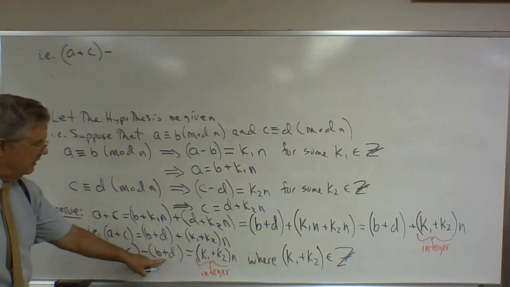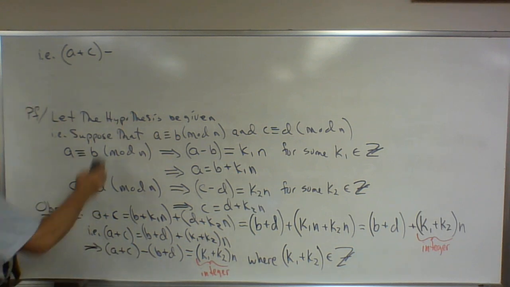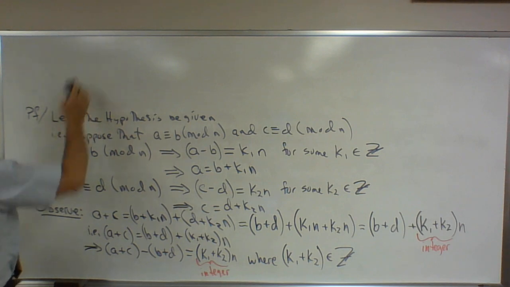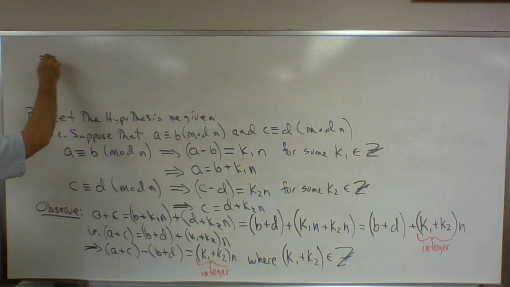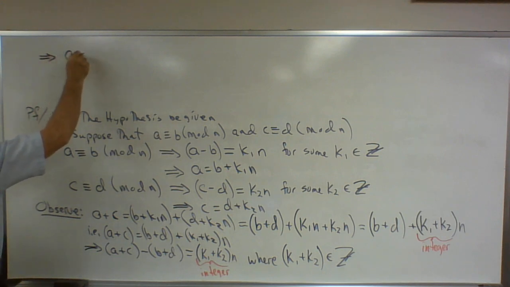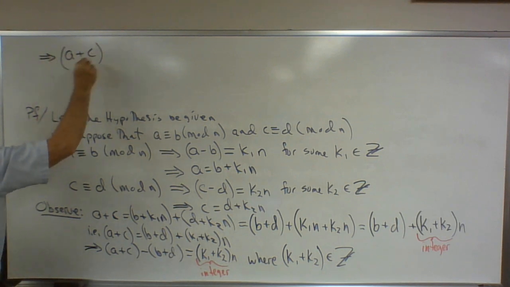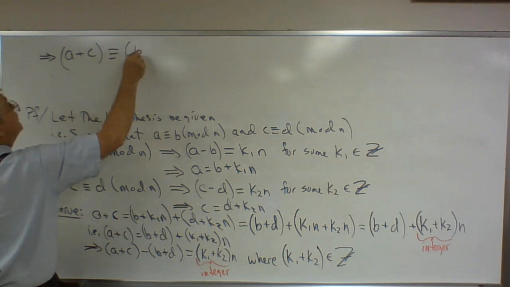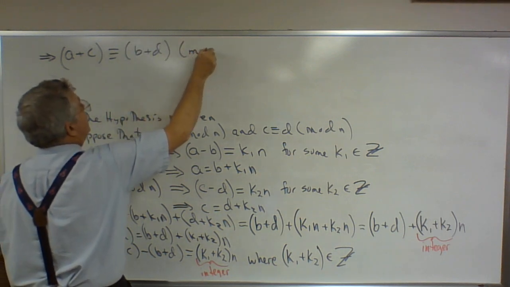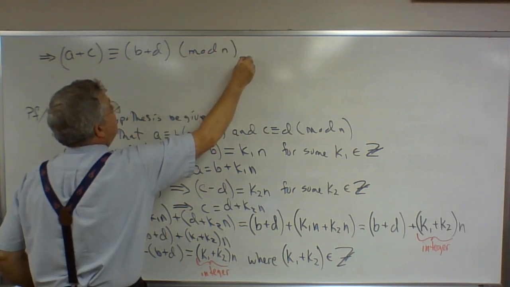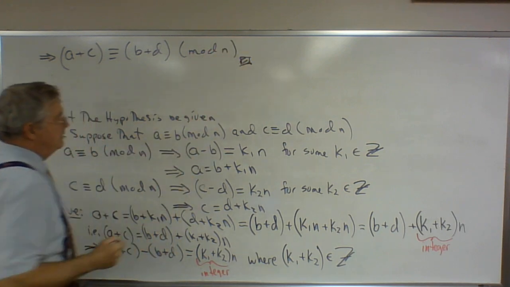A plus C minus B plus D is a whole number multiple of n. So that means that A plus C is congruent to B plus D mod n, which is what I needed to show.